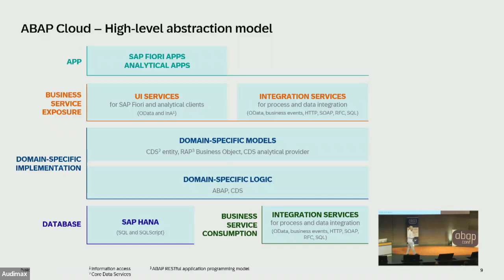Or down there, the integration service: sometimes the data is not coming from the database, but you're sitting, for example, on BTP and want to retrieve some data remotely from S/4HANA. Then you call via CDS in the remote service the data directly from the S/4HANA system. So you see, everything is included here for the different use cases, and it's standardized and optimized for reuse. ABAP is more than the programming language.